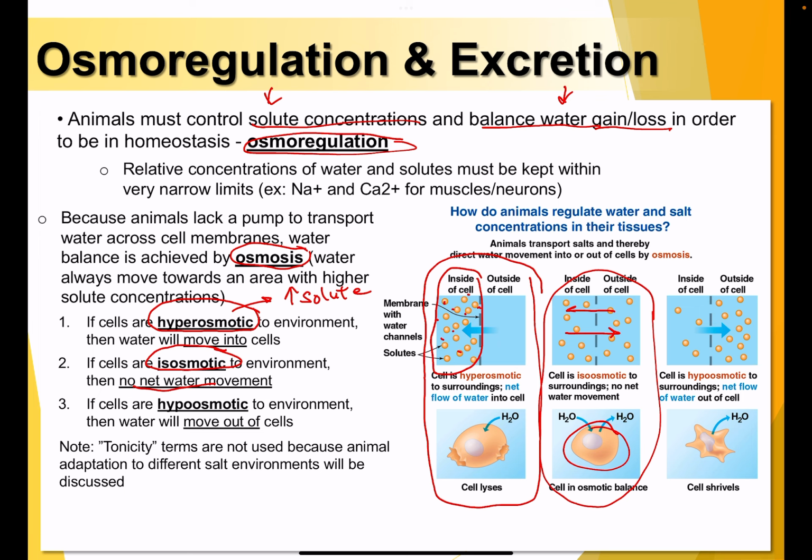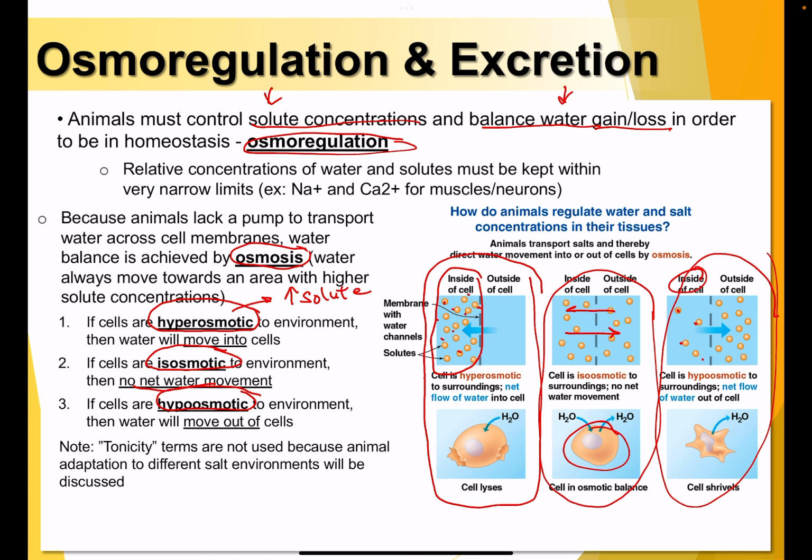Now, if cells are hypoosmotic to the environment, then water will move out of the cell. Let's look at this picture right here. If cells are hypoosmotic, what does that mean? It means there is lower solute concentration inside the cell. So inside the cell, there are now fewer orange circles.